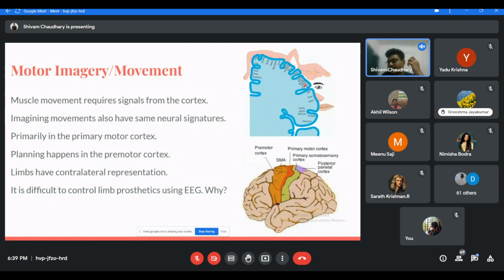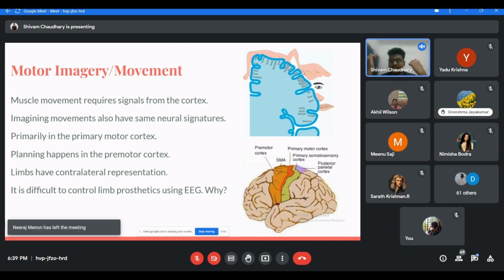If you see here, this entire portion of your cortex is responsible for controlling just your arm: the shoulder, arm, elbow, forearm, wrist, hand, and an even larger representation is for individual fingers. That is why we have huge dexterity in our fingers. I can make complex manipulations. I cannot do that with my toes.